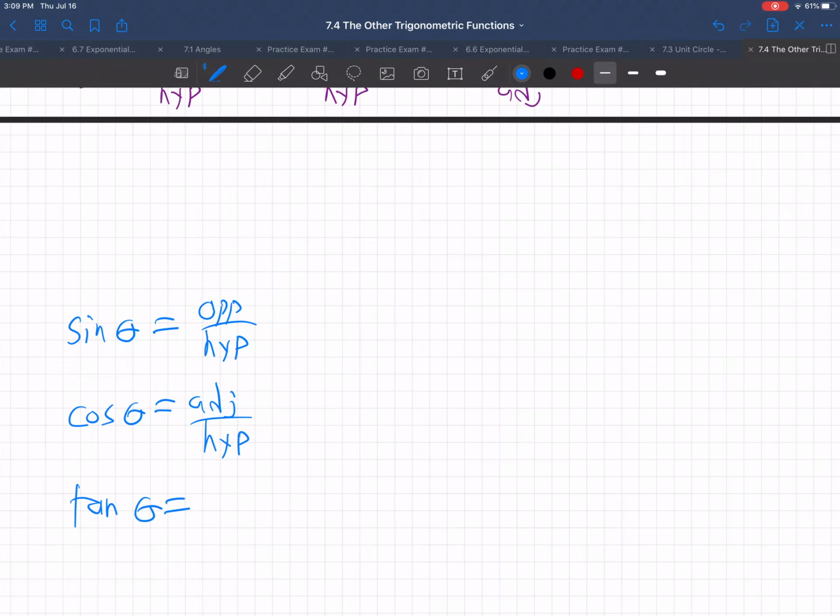Now, the other trig functions are just combos of sine and cosine. So tangent, for example, is sine over cosine. And then the other 3 trig functions are just upside downs. They're reciprocals.